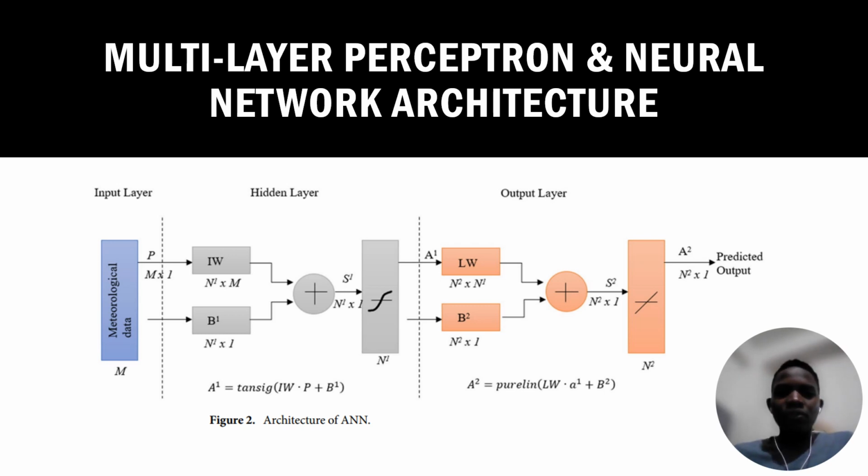The architecture of these networks consisted of one input layer, one hidden layer which had 15 nodes, and one output layer which predicts the global solar radiation. This structure highlights the significance of choosing the right combination of input parameters to improve prediction accuracy, and we will expand a bit more on this slide later.